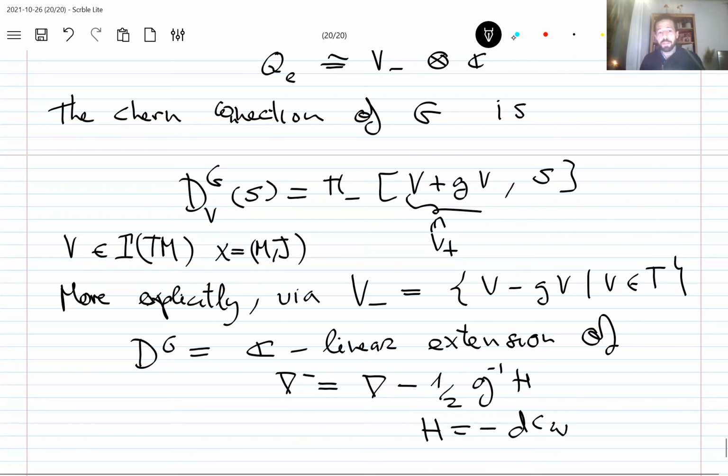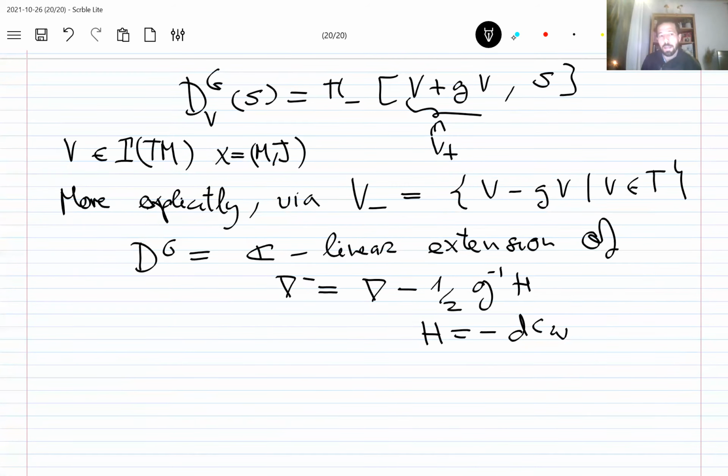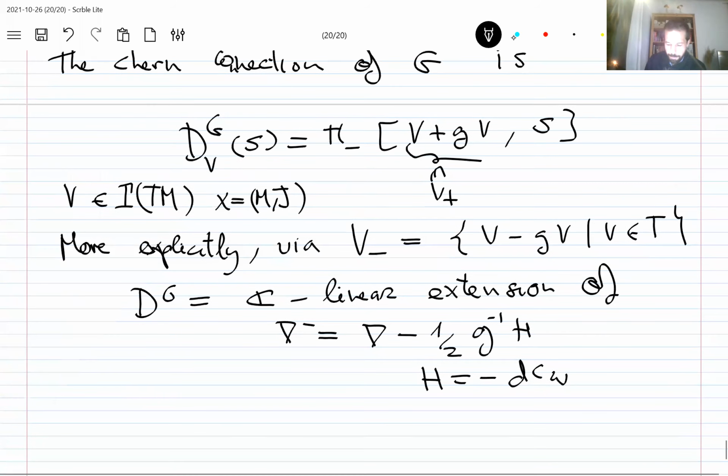This appears naturally in the literature in several places, mainly in mathematical physics, and people often call this the Bismut connection.